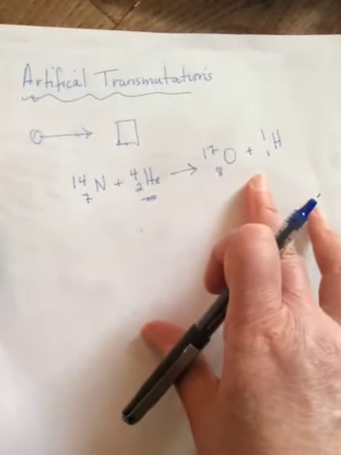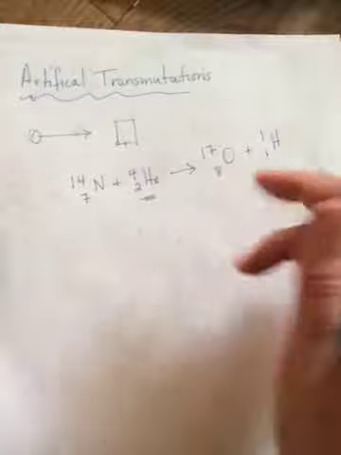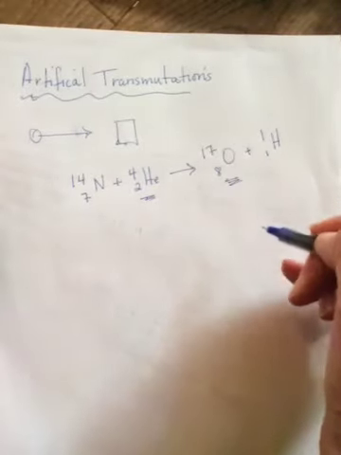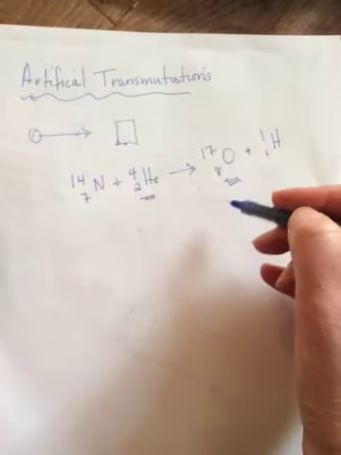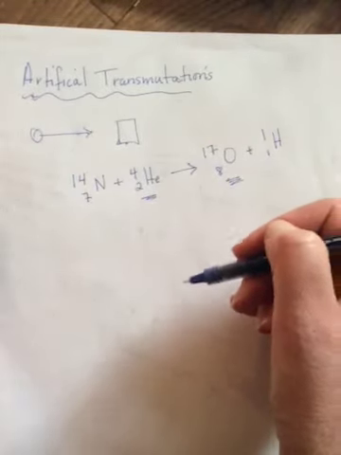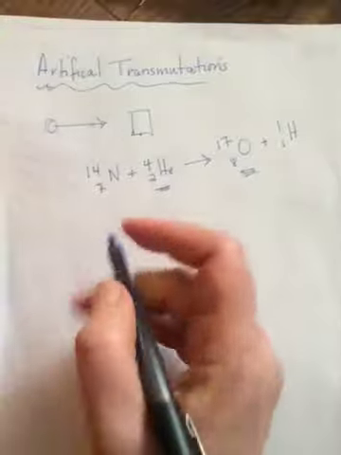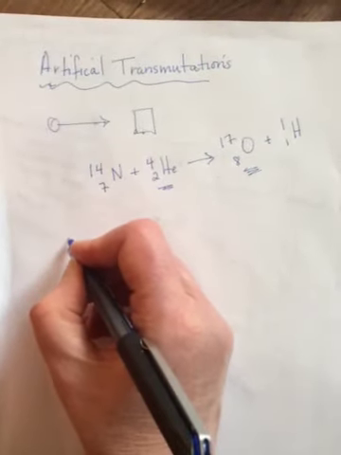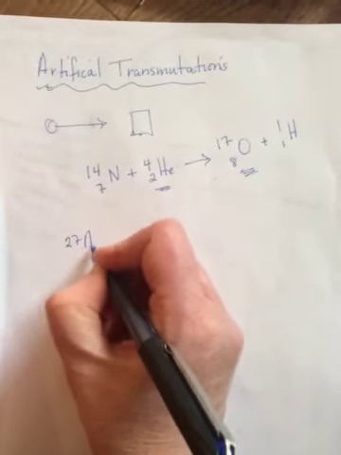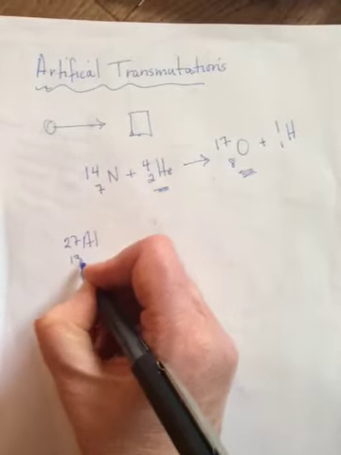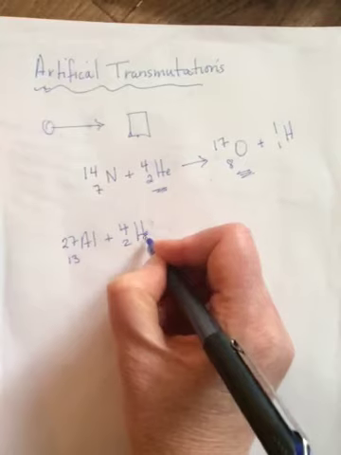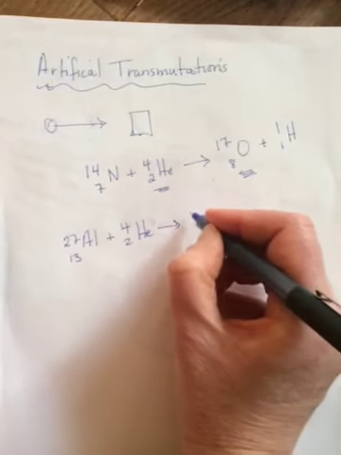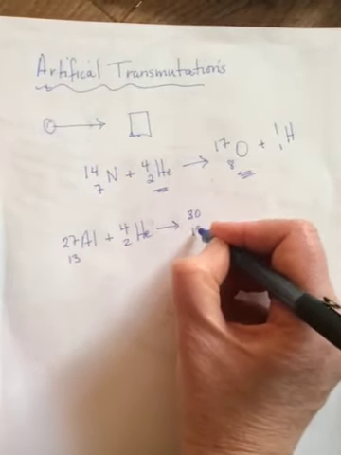Now lots of times though, when we do something like this, the isotope that's produced is often radioactive and will break down. So for example, if you take aluminum 27, and aluminum's 13, and you shoot alpha particles at it, you will end up getting phosphorus 30.